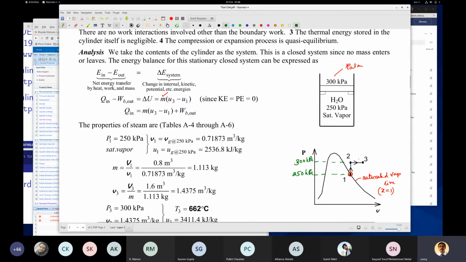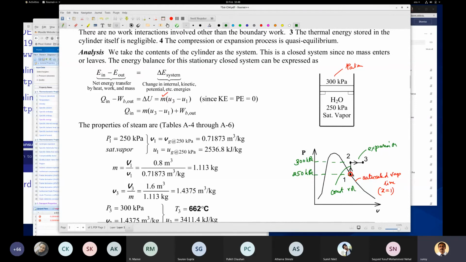So here it is expansion, right? This is a constant volume process, right? It will be constant volume because unless the pressure becomes equal to 300, it will not be able to lift the piston and increase the volume.